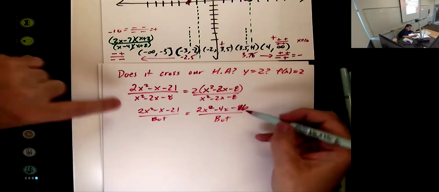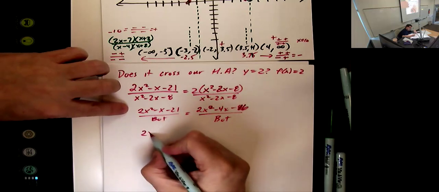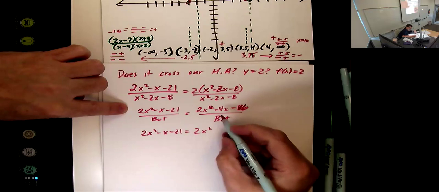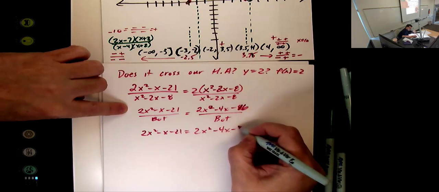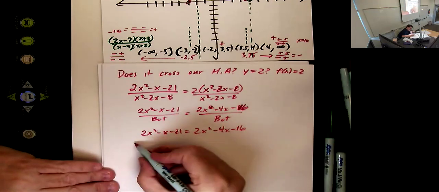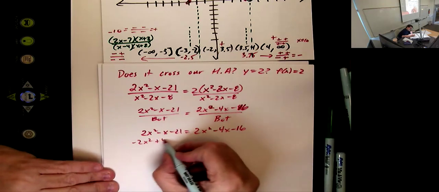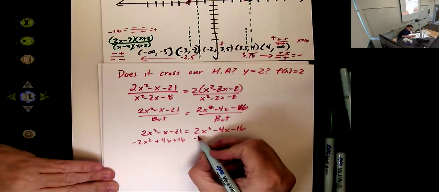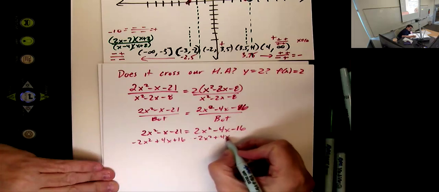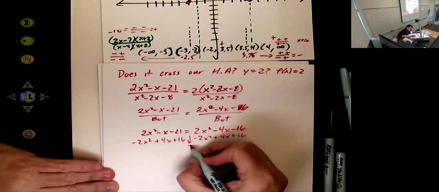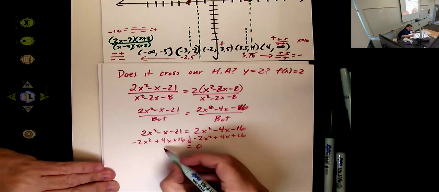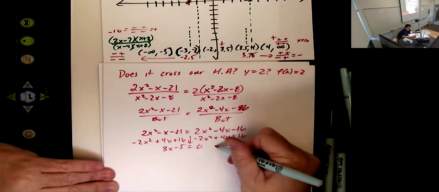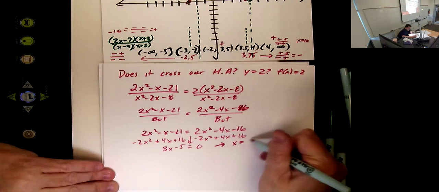And now we only need to worry about the top. So minus 2x² plus 4x plus 16. I'm gonna make the right side equal 0 here. And I have 3x minus 5. So it crosses at x equals 5/3.